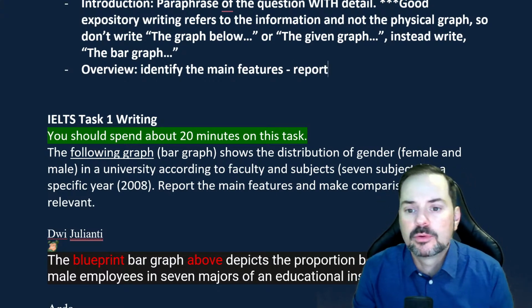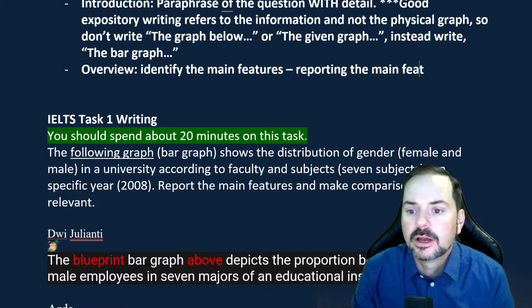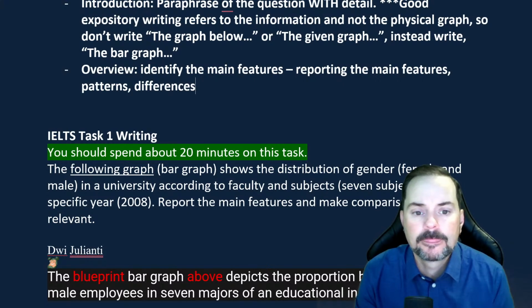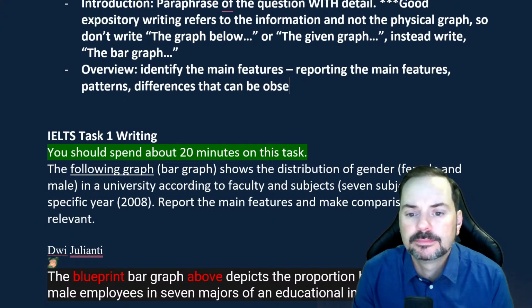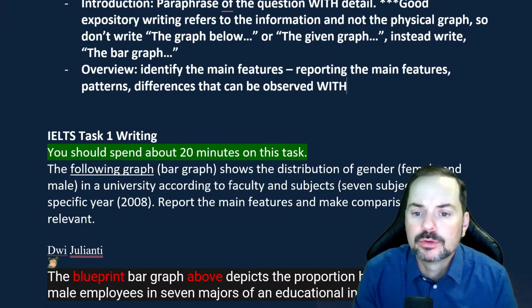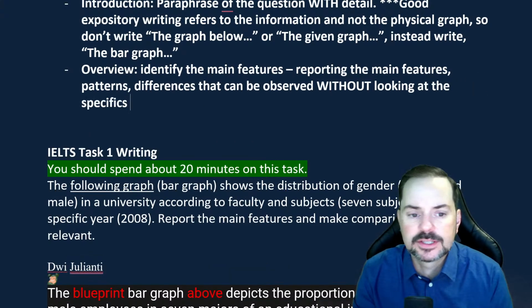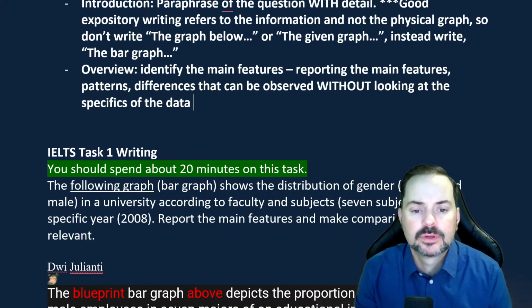So it means reporting the main features, patterns, differences that can be observed without looking at the specifics of the data, okay?